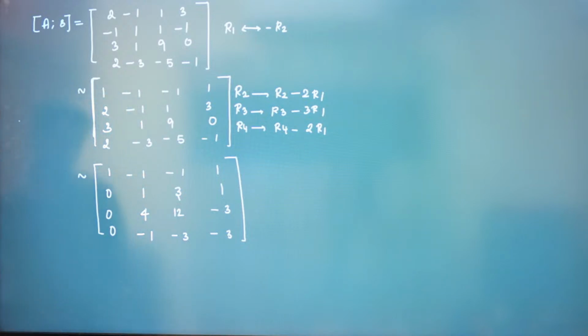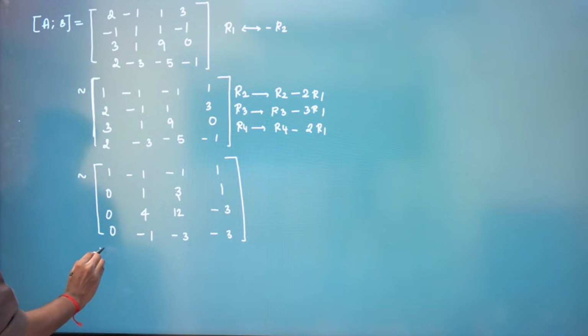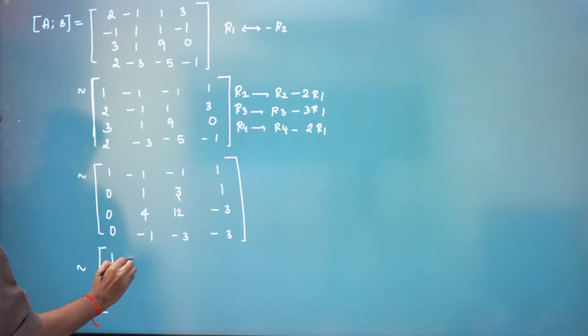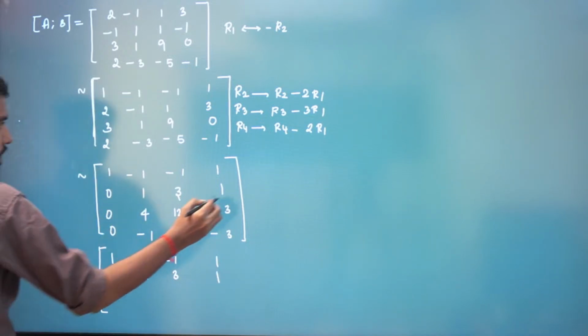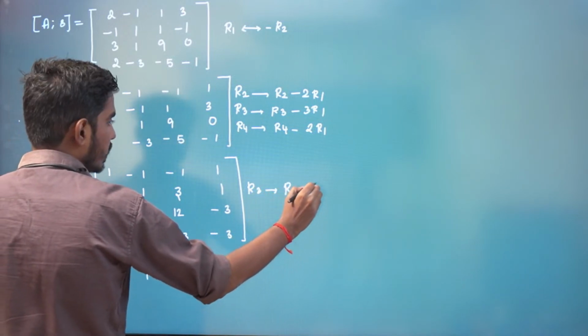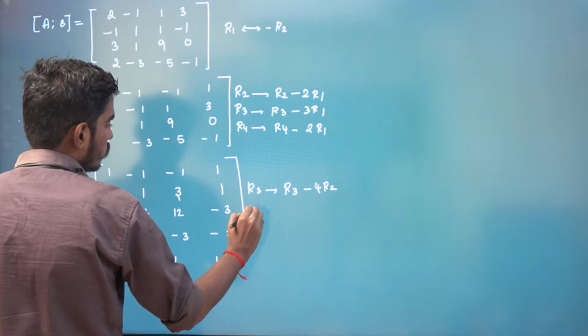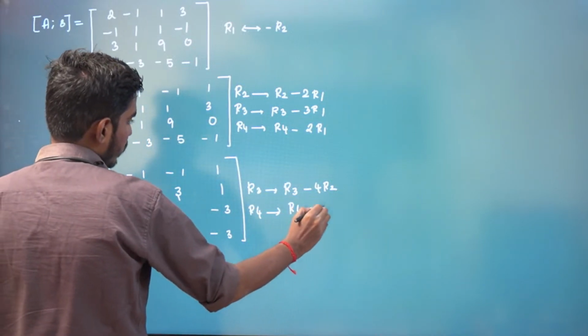Now what we will do is we will make this element as 0, this element as 0. So we will have 1, minus 1, 1, and 0, 1, 3, 1. So R3 is transformed to R3 minus 4 times R2, and then R4 is transformed to R4 plus R2.